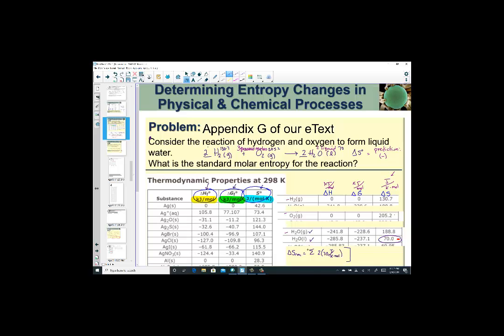Here is the products, which represents 2 liquid moles of water, minus the sum of the reactants. Now here we have 2 moles of hydrogen, so we have to take 2 times the 130.7 and add that to, and we have 1 gaseous mole of oxygen, and it's assigned 205.2.